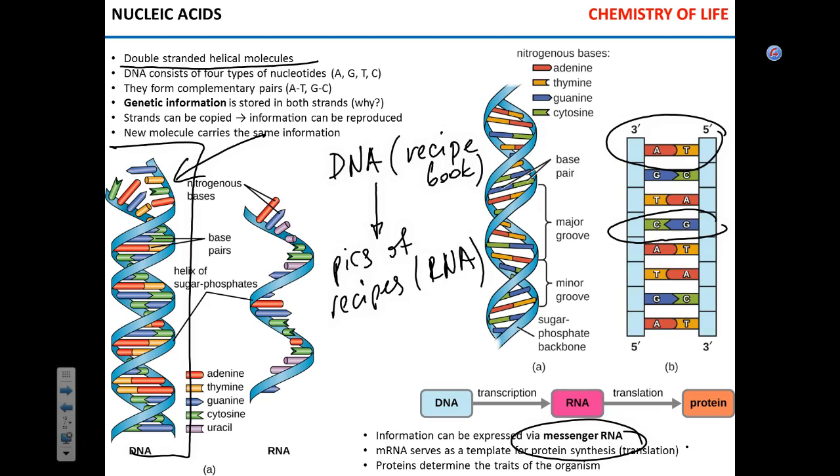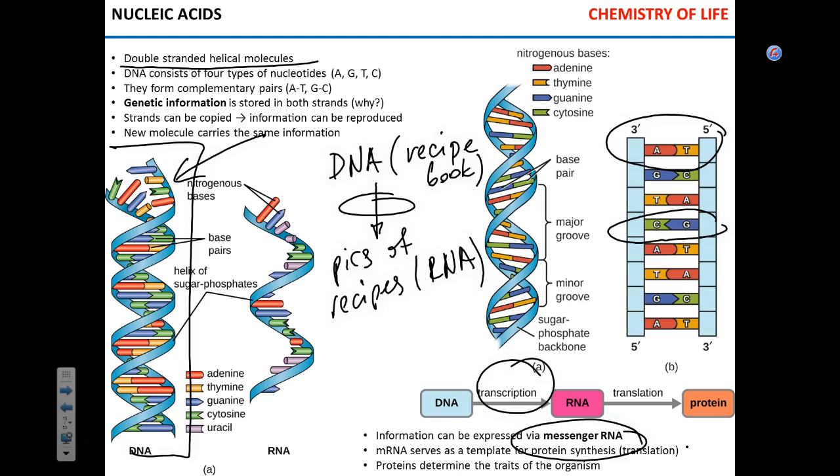Okay? And this process right here is called transcription. DNA to RNA is transcription. You basically make kind of a copy. Does that make sense? The whole idea. But you can't feed your guests with pieces of paper with recipes written down on them.